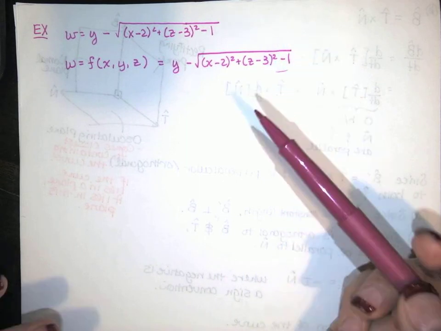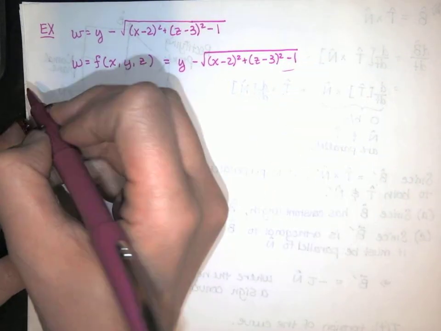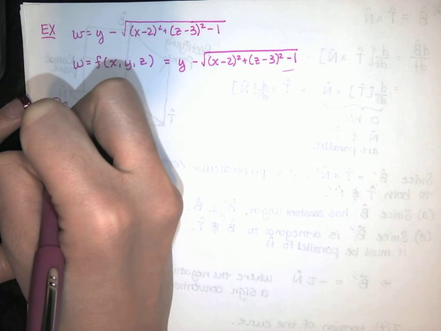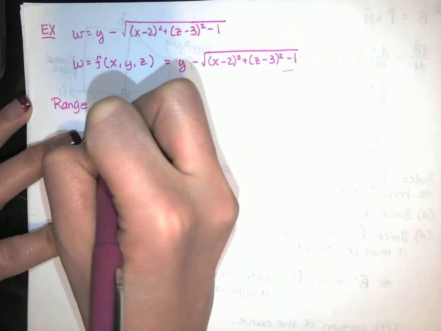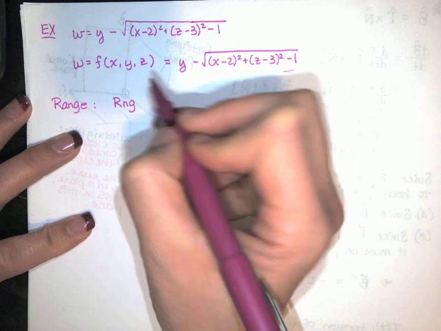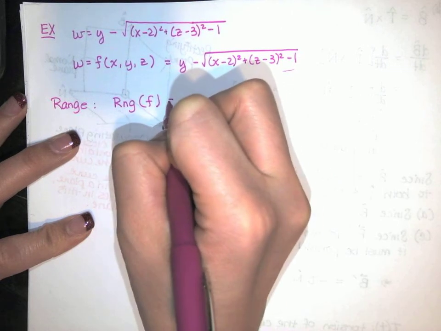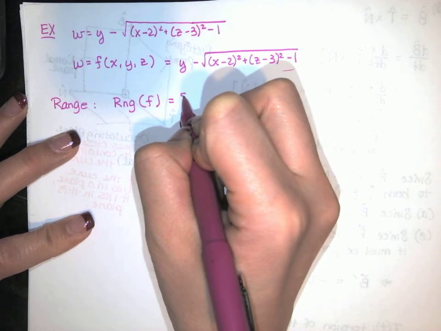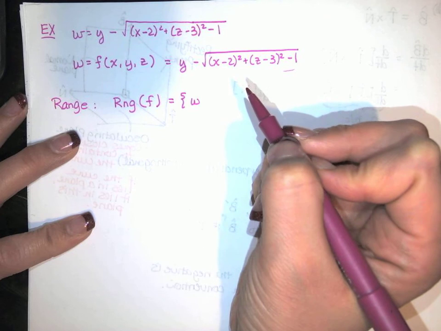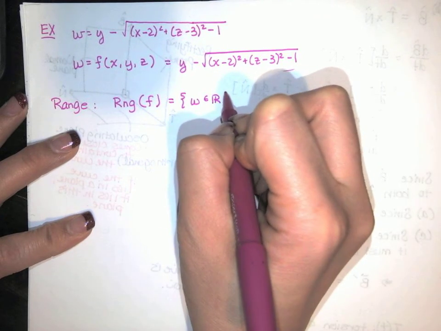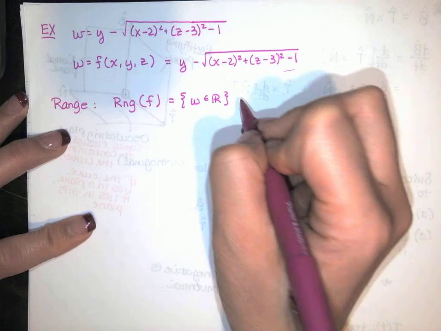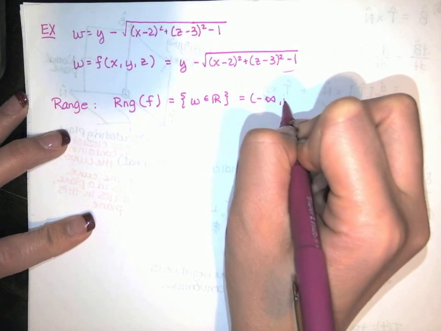So I think the range for this is all real numbers. And sometimes we abbreviate that this way: the range of f equals the set of all w in the reals, and we said there were no restrictions on w, so it's going to be all real numbers.